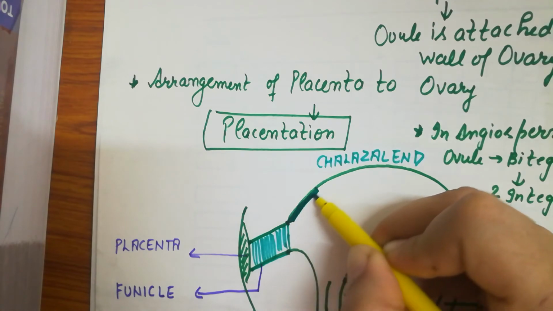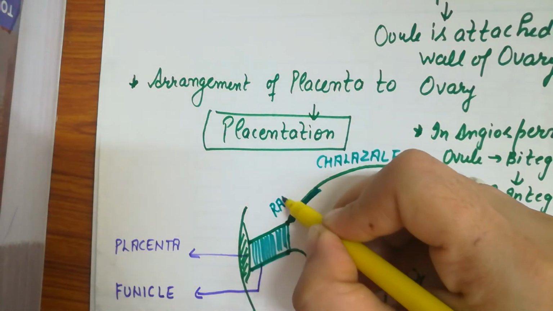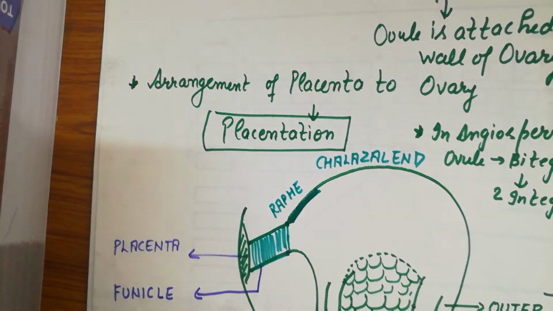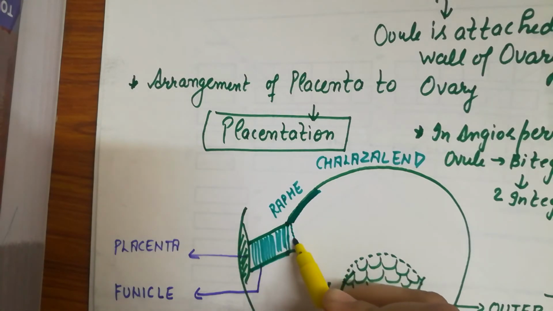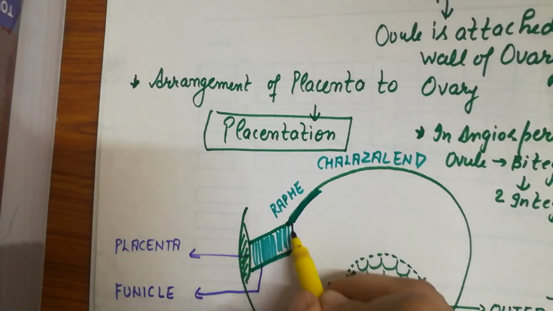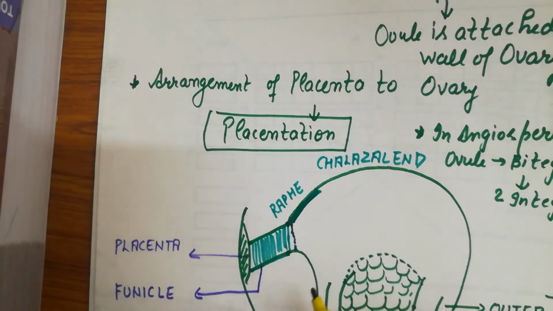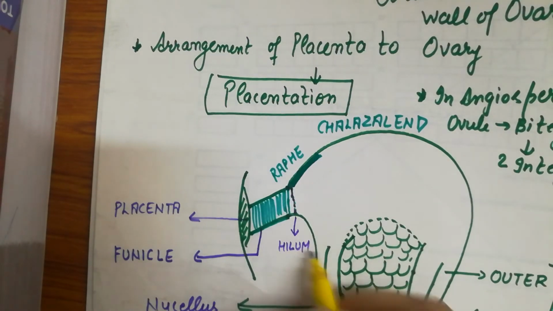This stretched part is known as raphe, right? And the place where the funicle is attached to the body, this place, is known as hilum. So this is our hilum, right?